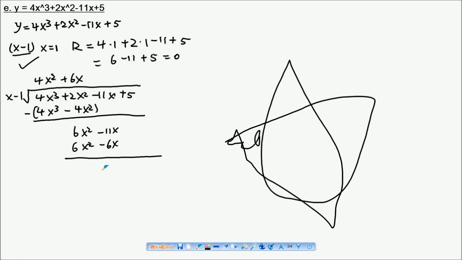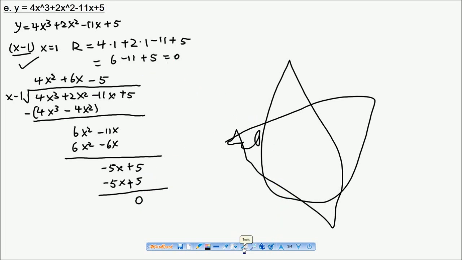Now it's minus 5x plus 5, and the factor is minus 5, so we have minus 5 times x minus 1. It's minus 5x plus 5.